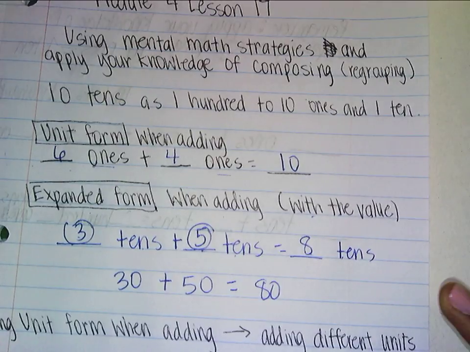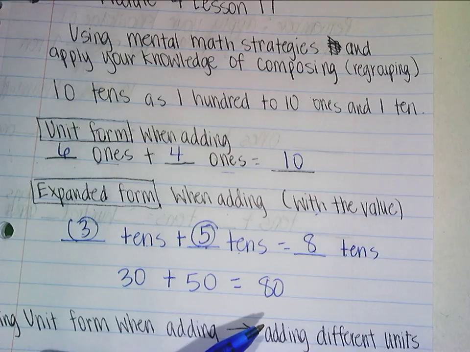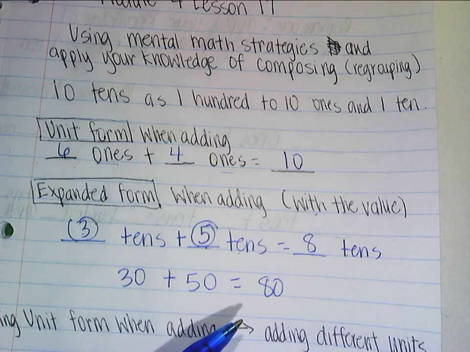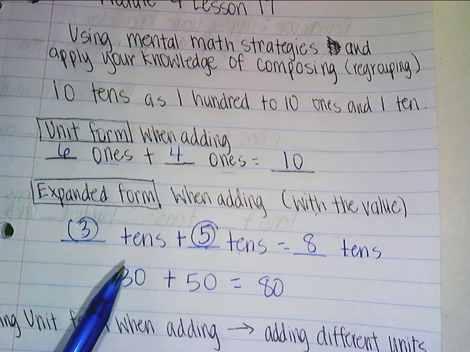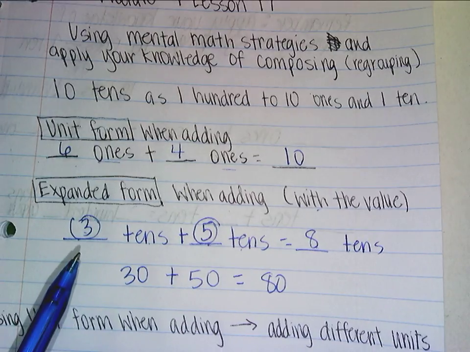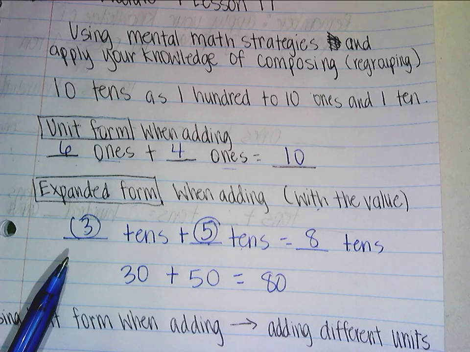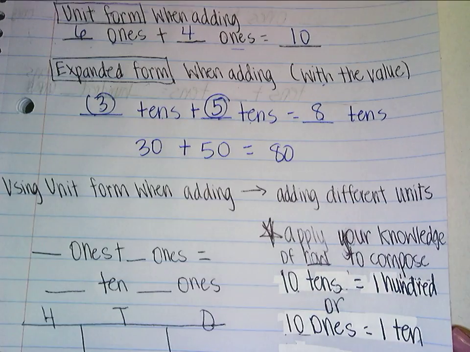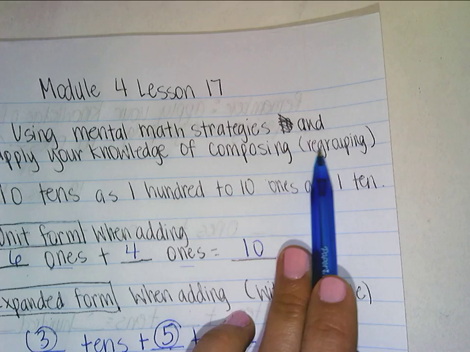Okay? So you should know how to do that from Module 3. Okay, so it's just kind of a quicker, more efficient way to add your numbers. If you already know unit form and you already know expanded form, today you're practicing to add very quickly and applying that knowledge. Okay, so now here's where you need to apply your knowledge of the composing or regrouping.